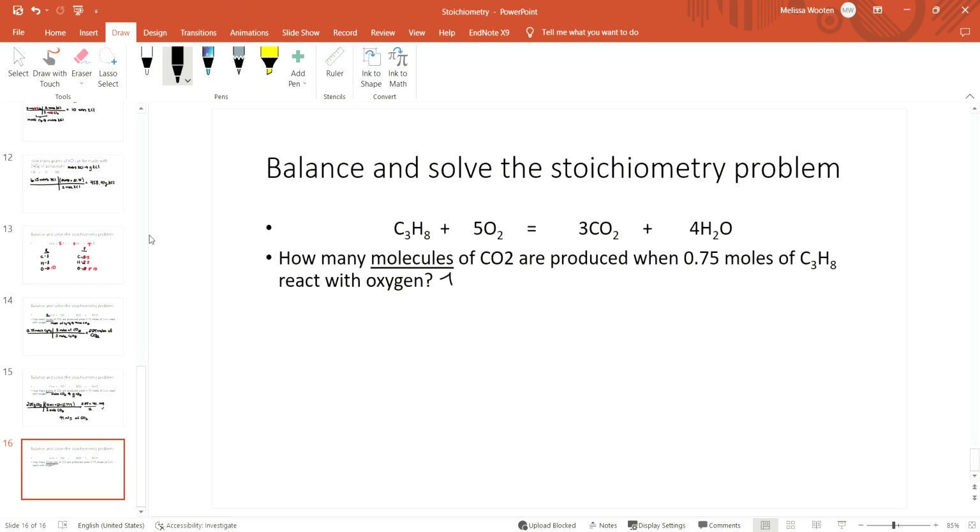Remember, 1 mole of anything equals 6.022 times 10 to the 23rd atoms or molecules. In this case, molecules because CO2 is considered a molecule.